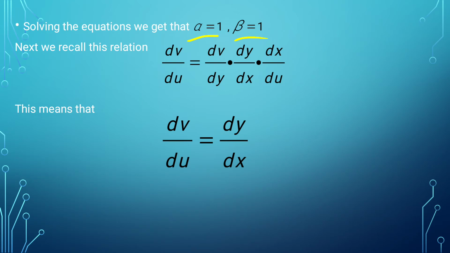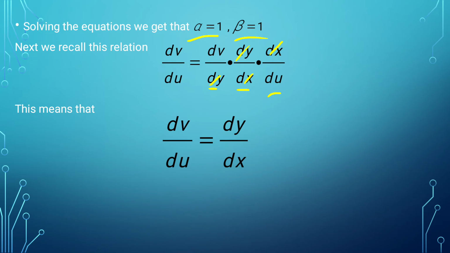Then I want you to recall something. If I have dy/dx, it can be expressed in this form, because this can cancel with that, this can cancel with this, and what I'm left with is basically dv/du.